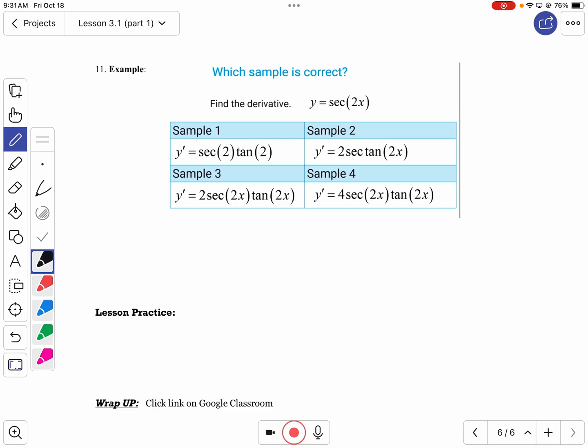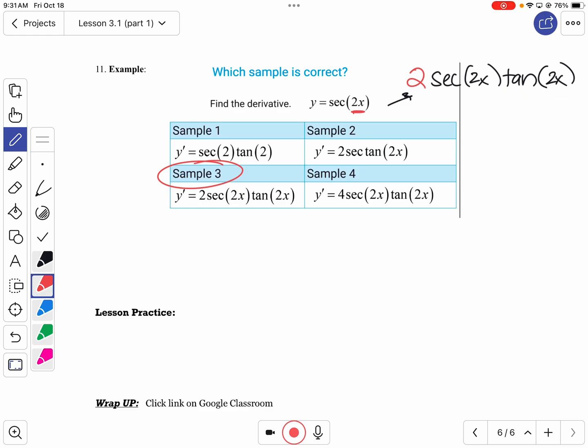Which one do you think it is? 3. The derivative of secant is secant tan, and we would keep the same stuff inside, and then the derivative of that inside is just 2. Which one do you think people pick most often? 2. Yep, 2 is one that they pick a lot.